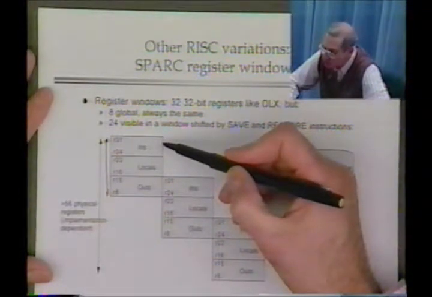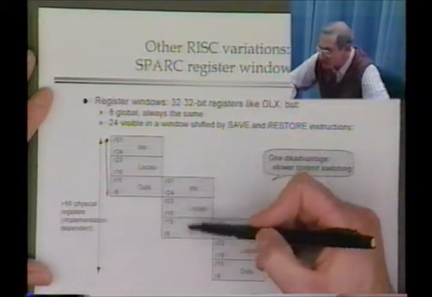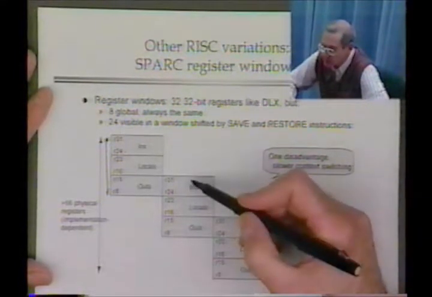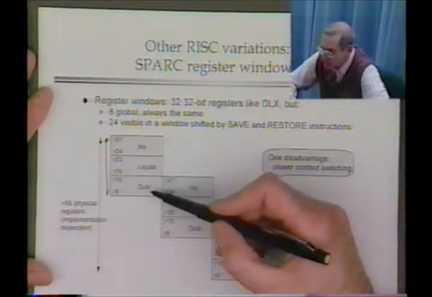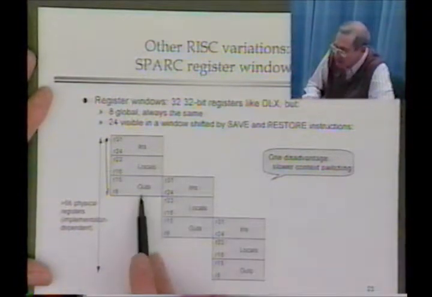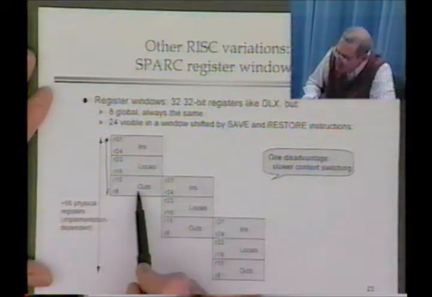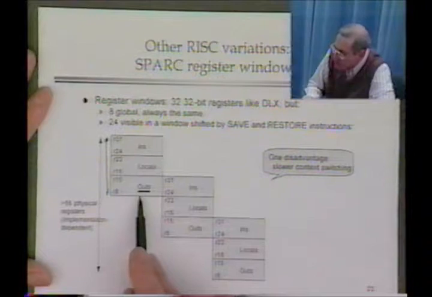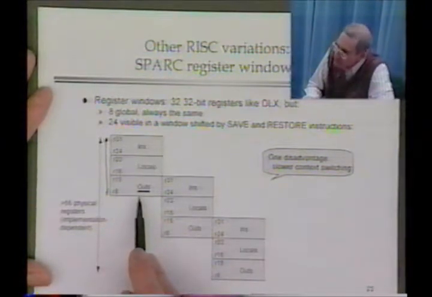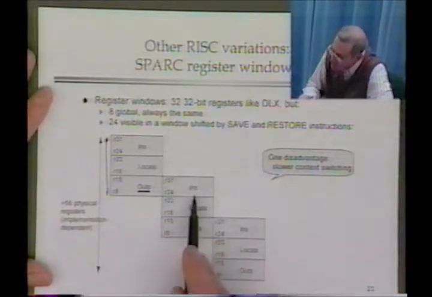When you make a subroutine call, you get a different set of registers. But they're not a brand new set of 32-bit registers. In fact, they share 8 registers in common. The software convention is that the 8 registers they share in common with the previous subroutine are the parameters that are getting sent to the new subroutine.